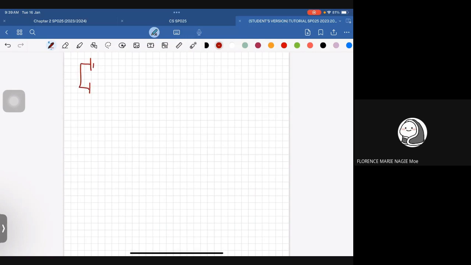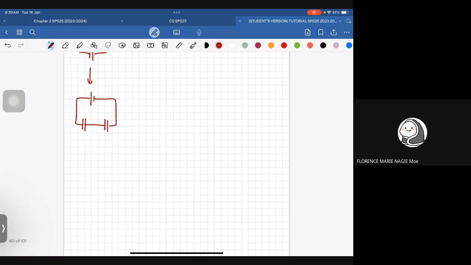Tadi kita buat yang ini, lepas tu kita tengok in reverse kan. So dia akan jadi 2 balik. And then dia akan jadi back to the original lah. So ini kamu tak perlu lukis lah. Nanti mengambil masa pula dalam exam. Tapi kamu kena faham lah konsep dia macam mana.